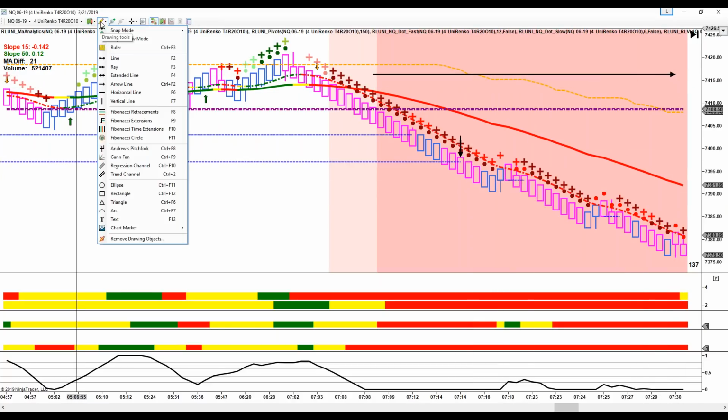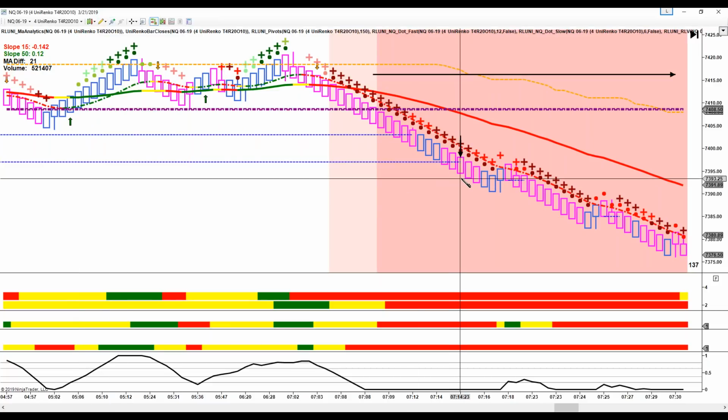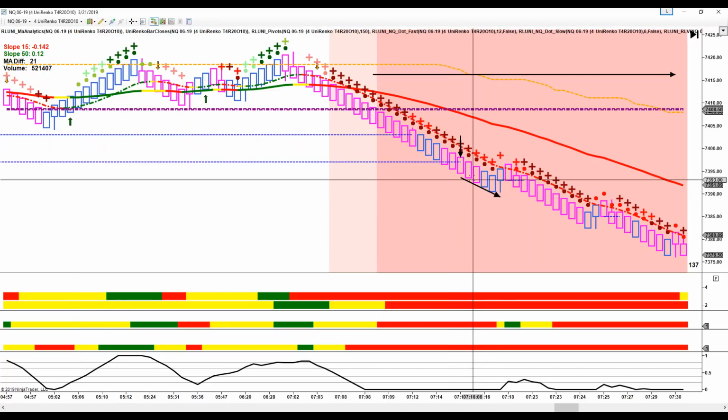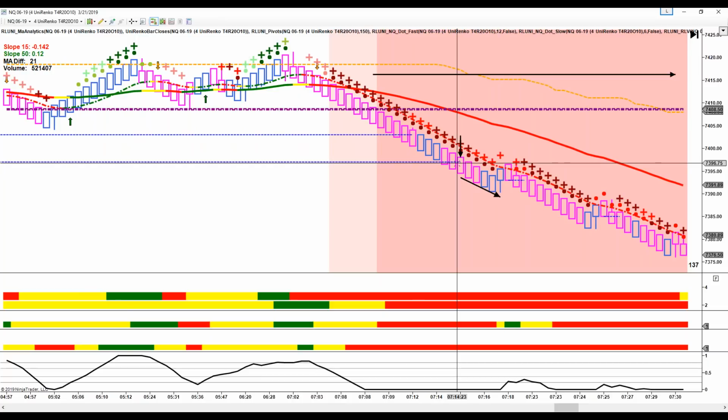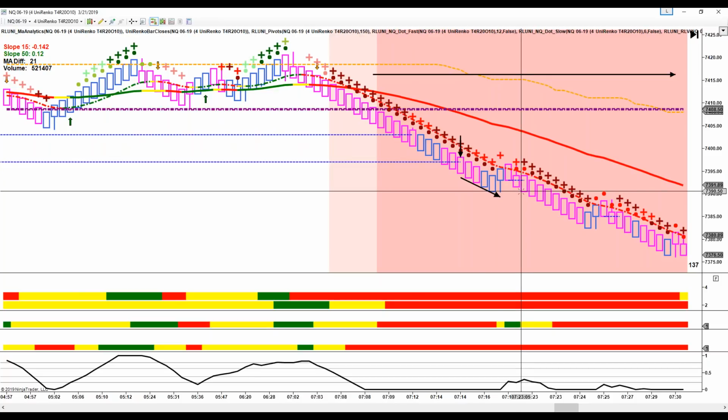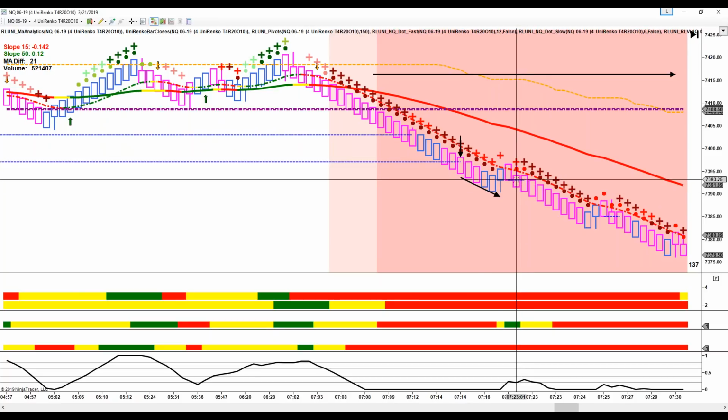Is that pivot breaker is where all of these buyers get stopped out. And it snaps through the pivot. Right here is a pivot breaker. You can't take it, because I saw this multi-time frame Laguerre went green.